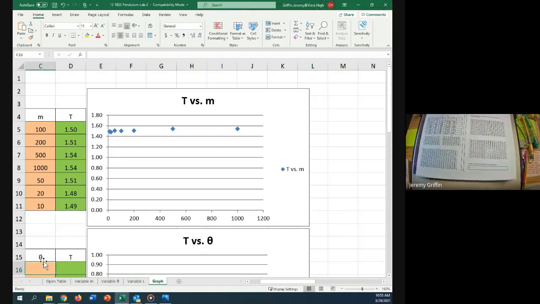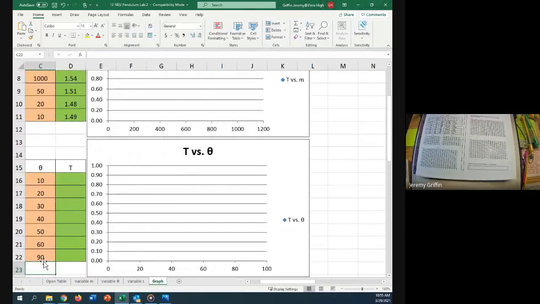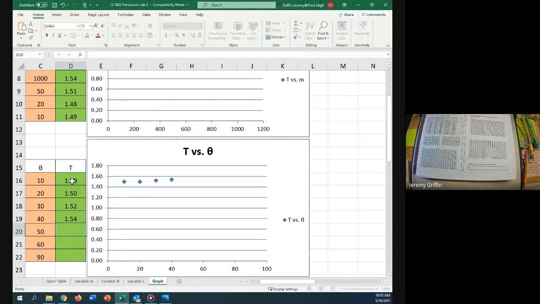Okay, so the angles went 10, 20, 30, 40, 50, 60, we did 90. Huh. All right. Do go ahead and write that graph though.